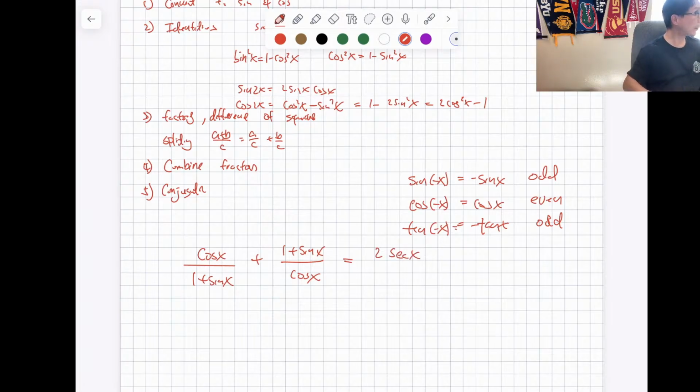Yes. Why is cosine times negative x equal to positive cosine? Okay, why it's not negative? Very good question. So first of all, read it correctly. It's not times, it's the argument. It's like square root of x plus 1, where x plus 1 is the argument.